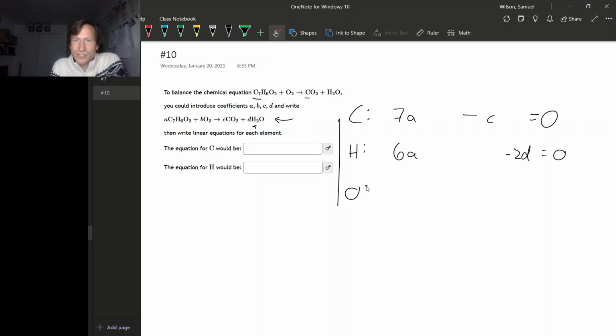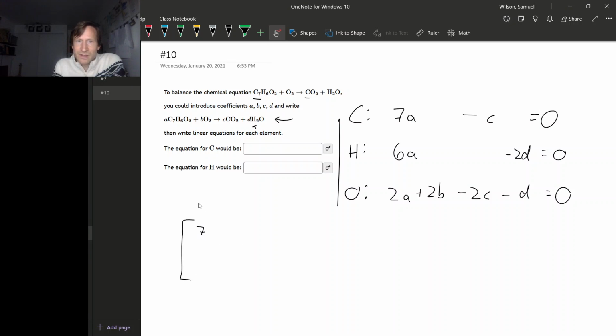And then for oxygen, we have 2A plus 2B, and for products, we have minus 2C and minus D equals 0. Okay, so this is a homogeneous system. So now we can write down the system.